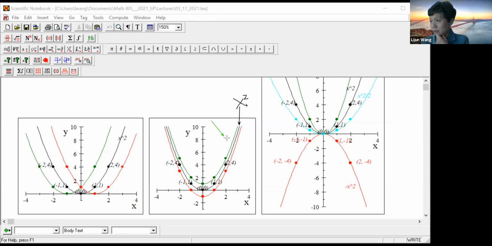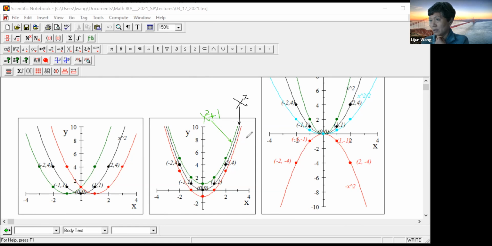What is the green? Can you guys tell me? It's x squared plus 1. Adding 1 after the square.